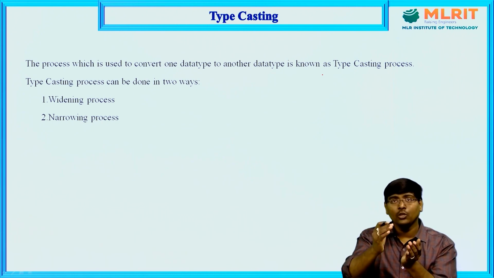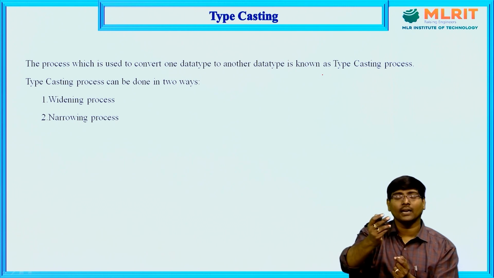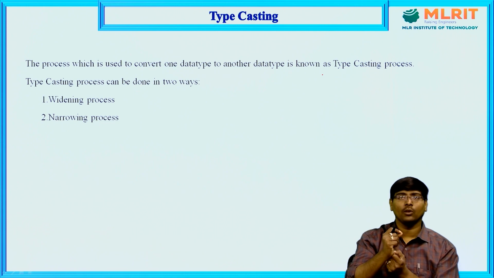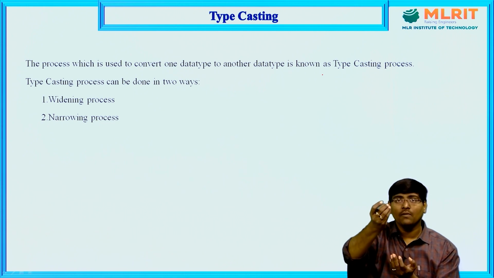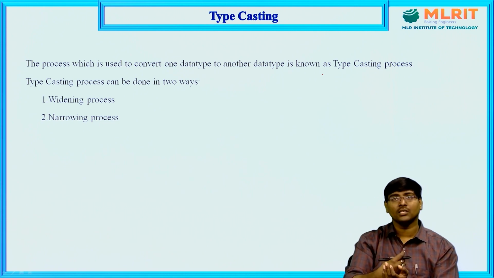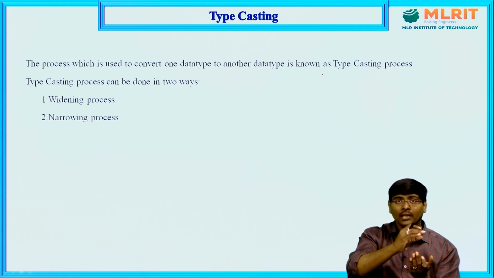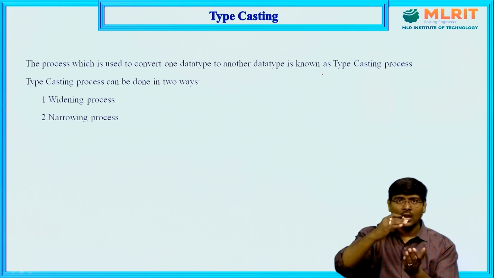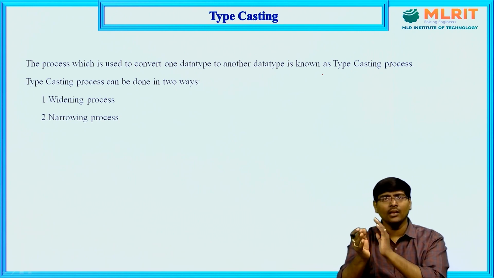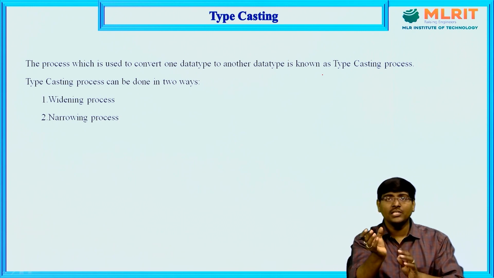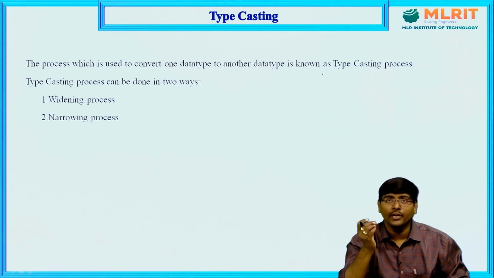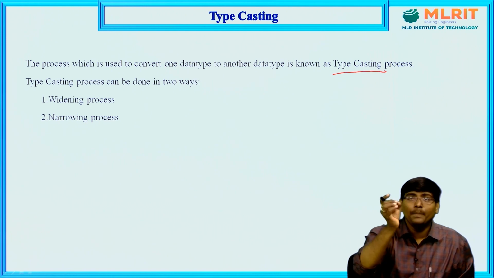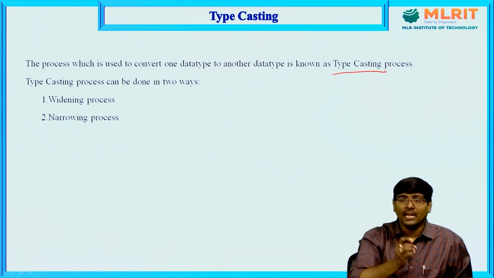That means you need to change the data type, or initially your value is a floating value and you want to reduce it from floating to integer. That means either changing from integer to float, float to integer, or integer to character, any combination. Changing from one data type into another data type is called type conversion or typecasting.